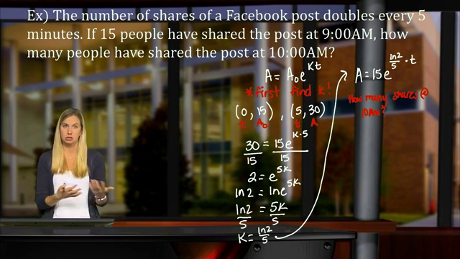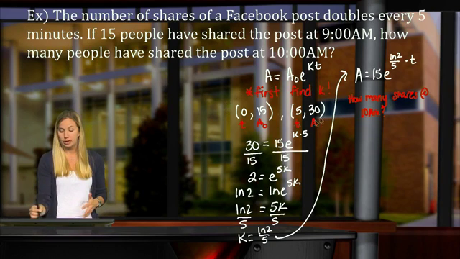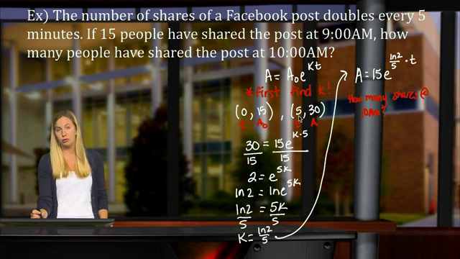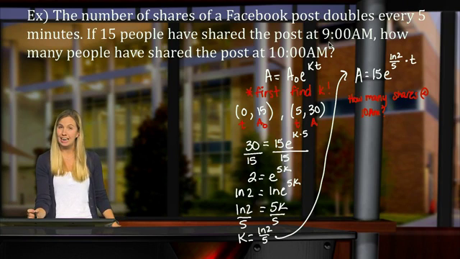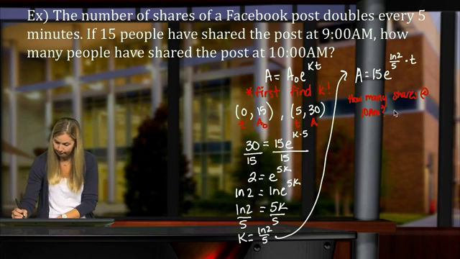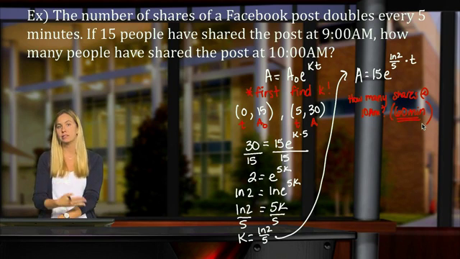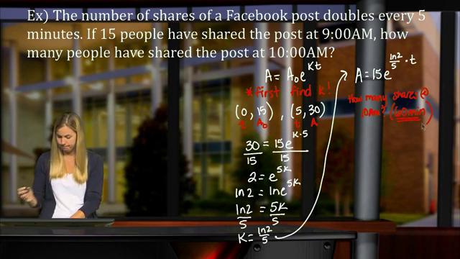We don't have to do it in years, which is obviously not going to be relevant here, but you have to be consistent. In our previous step, how did we measure time? We went from 0 to 5. 5 what? 5 minutes. So if I started at 9 a.m. and now it's 10 a.m., how many minutes have passed? 60. So we're going to use t equals 60 to solve for A.